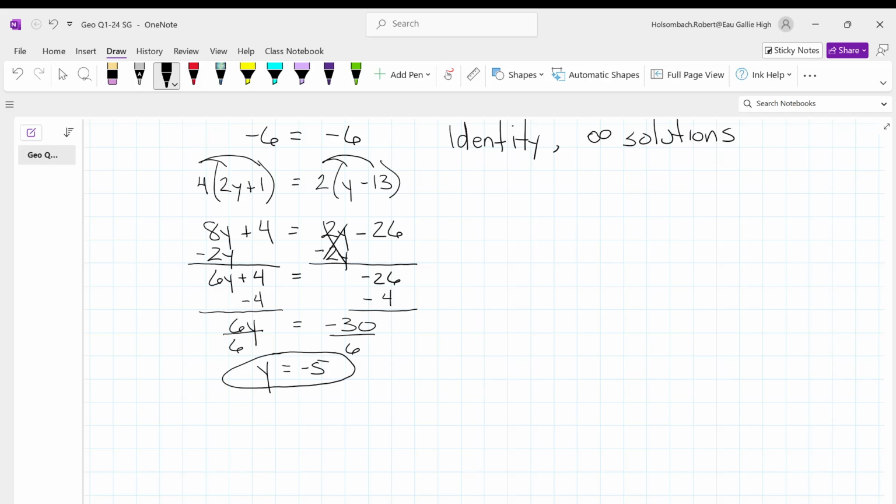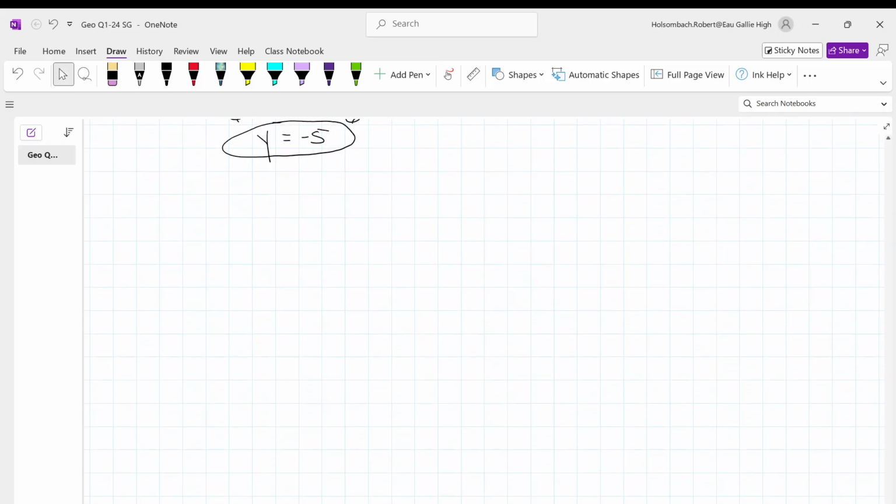And then we'll do an example here of no solution. So let's go 2x plus 7 equal to negative 1 times 3 minus 2x.